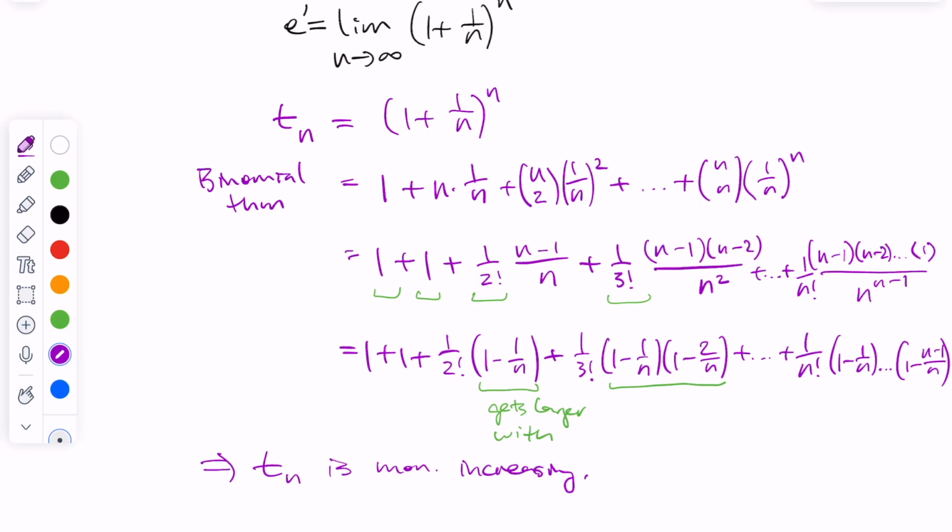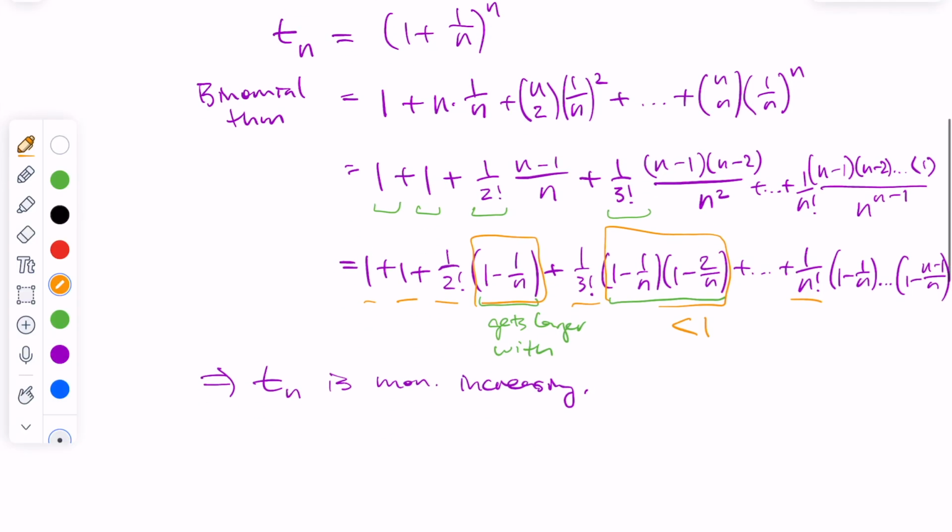The second requirement of monotone convergence is that it has to be bounded above by something. Well, this is where the comparison with e comes in. Each of these brackets is strictly less than 1. But other than that, this is actually just the partial sums of e, right?